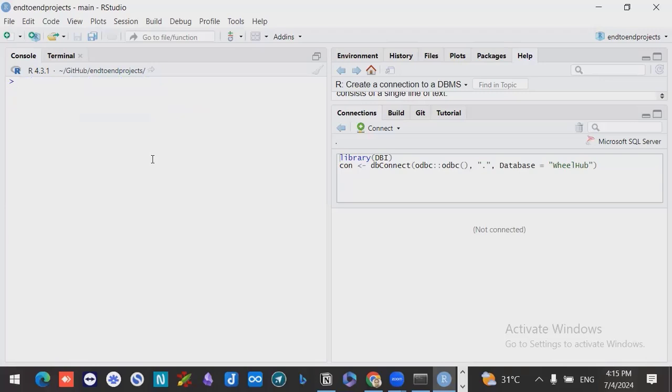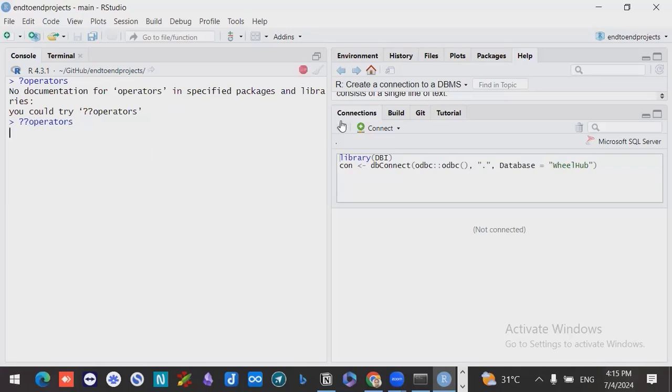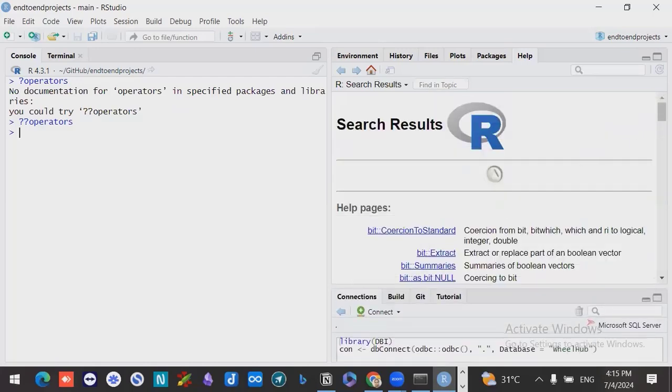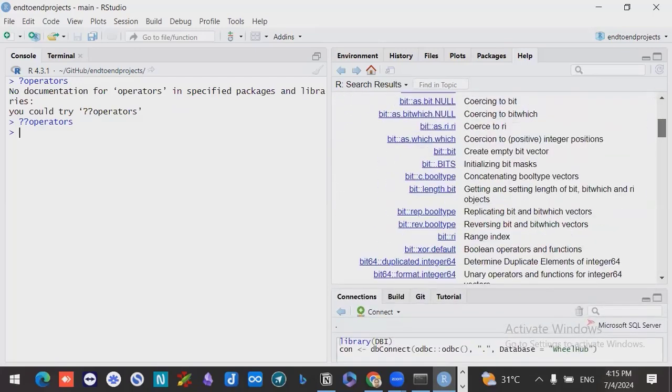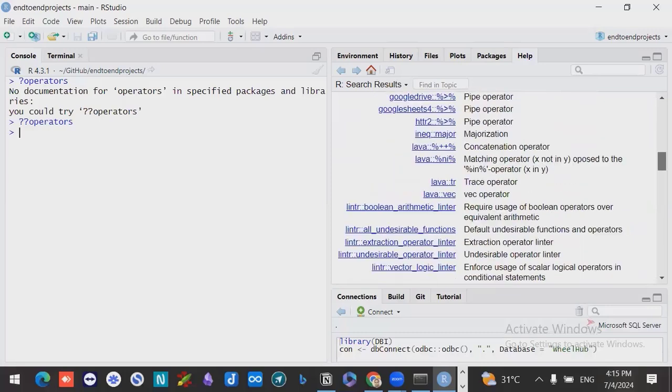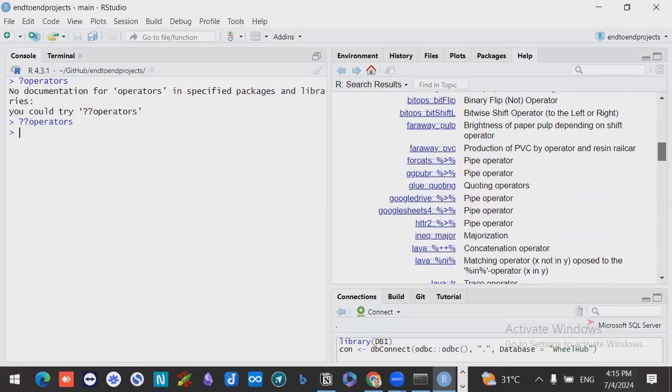If there is any confusion, operators, listed-out operators. You can type double star so that it will search. If it is directly available, it will search directly. Otherwise, we have to do double question mark. You can see these are the operators.